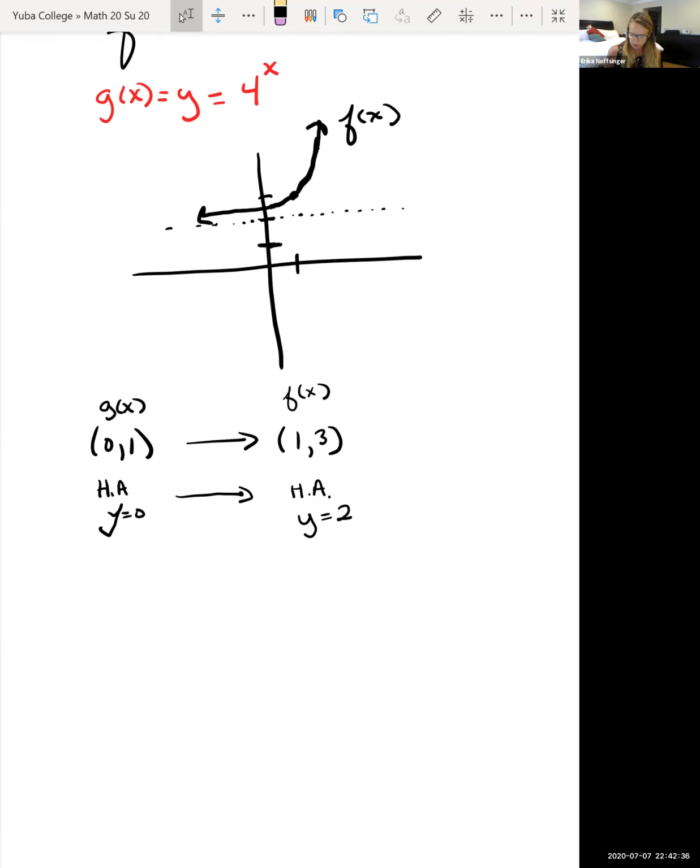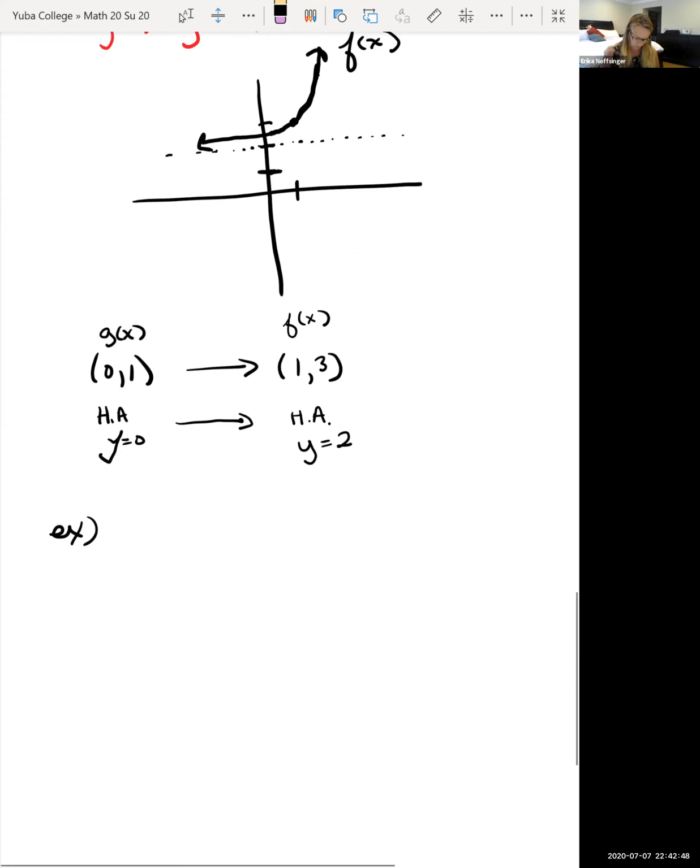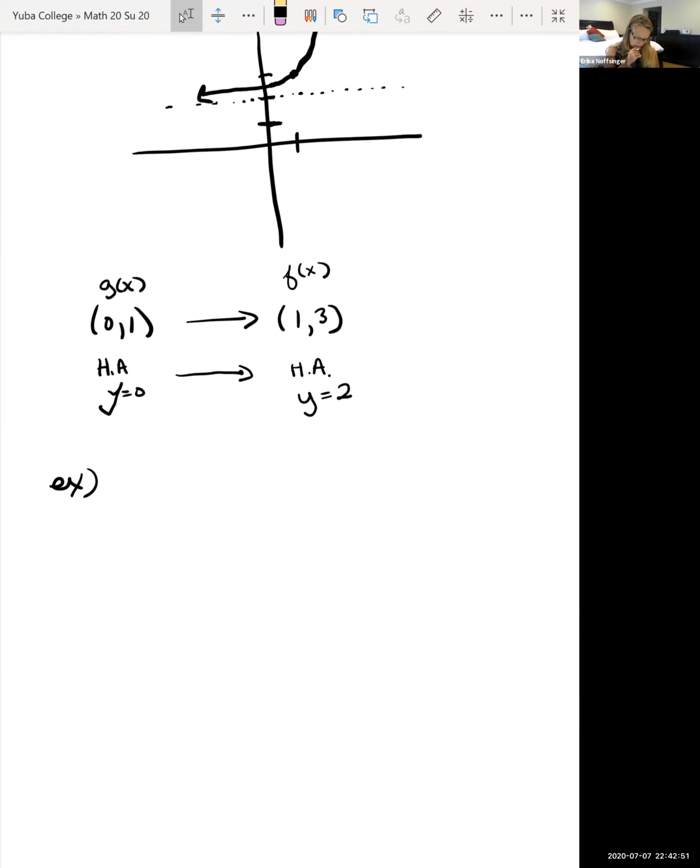Let me just go over one more because I didn't look at the negative in front. How about f of x is equal to 1 minus e raised to the x.